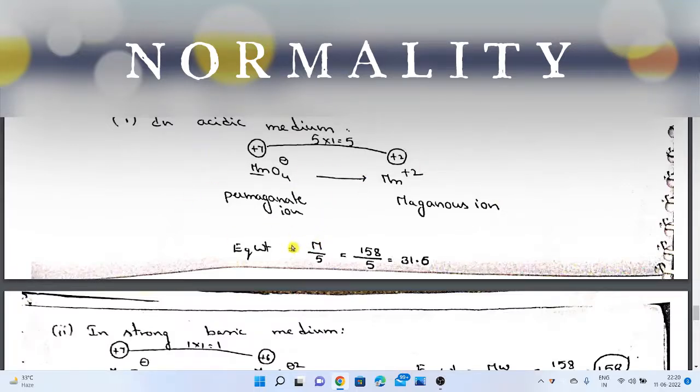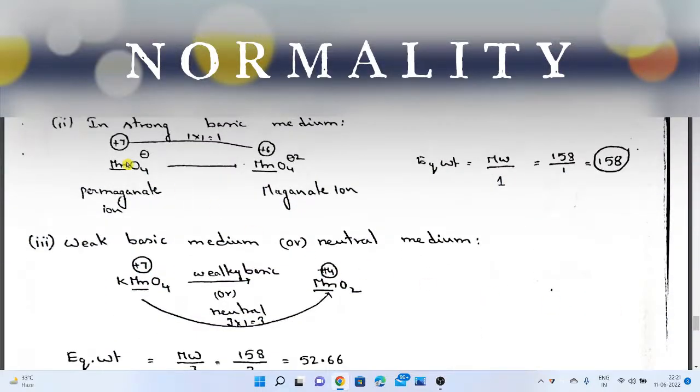In the MnO4- ion, manganese has a +7 oxidation state. In Mn2+, it is equal to the charge, that is +2. So the oxidation state changes from +7 to +2. That's why 5 electrons are absorbed, so 5 electrons are transferred in this equation. So gram equivalent weight is equal to molecular weight divided by 5.